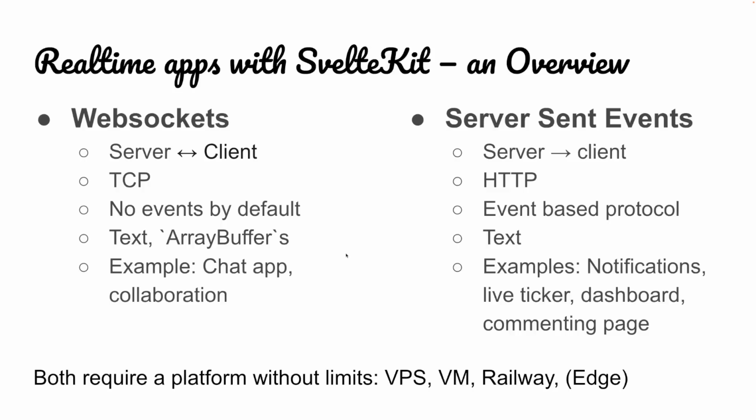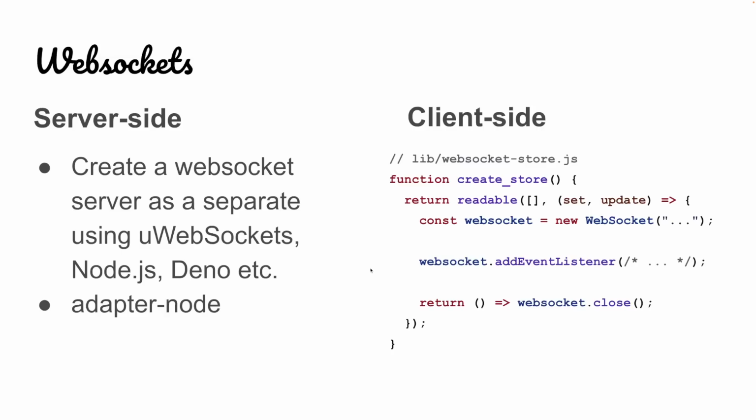On the next slide, there is an overview of how WebSockets would be implemented in SvelteKit. Again, it works over the TCP protocol, so you need a separate server, and there are several ways to do this.